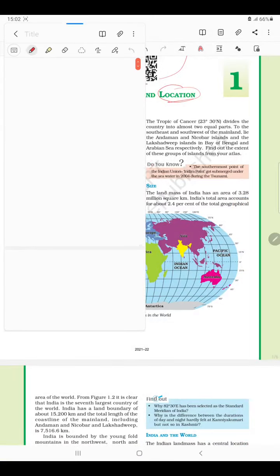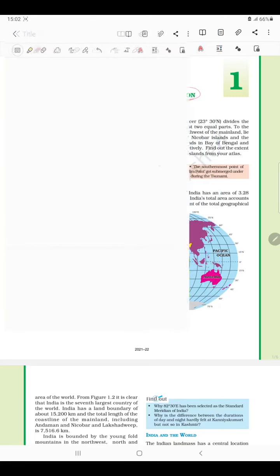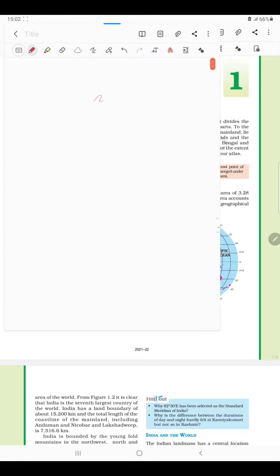Just see that. Suppose this is the globe.